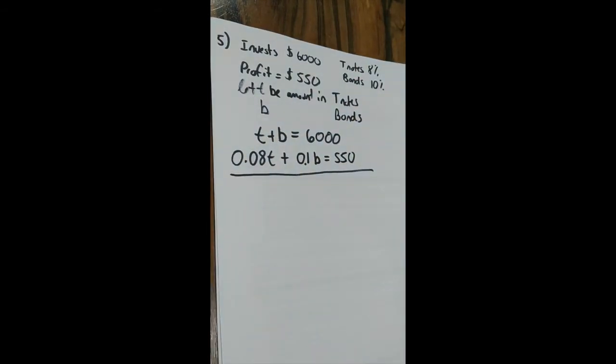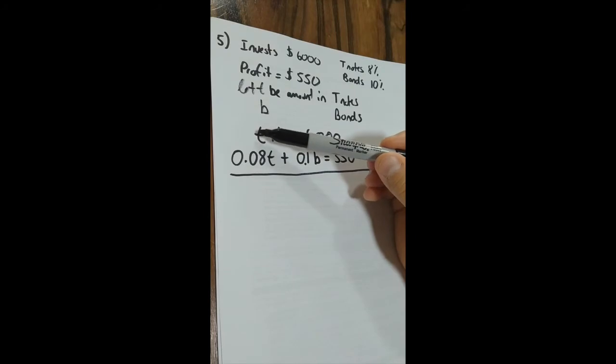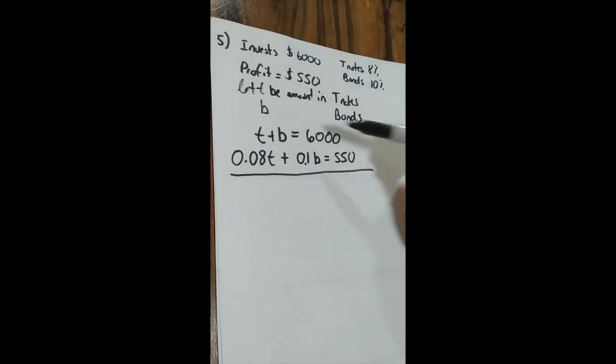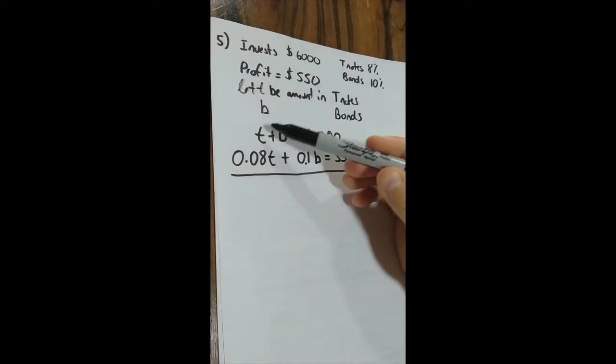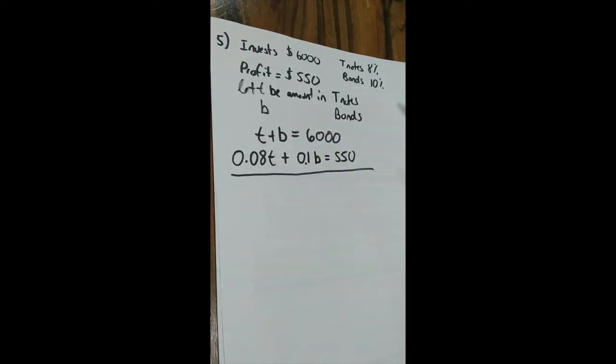Whenever we see variables that have a coefficient of 1, it's really easy to use substitution. Of course, we could use elimination, but let's do what's most efficient. I can isolate B or T, it doesn't really matter, and then substitute afterwards.